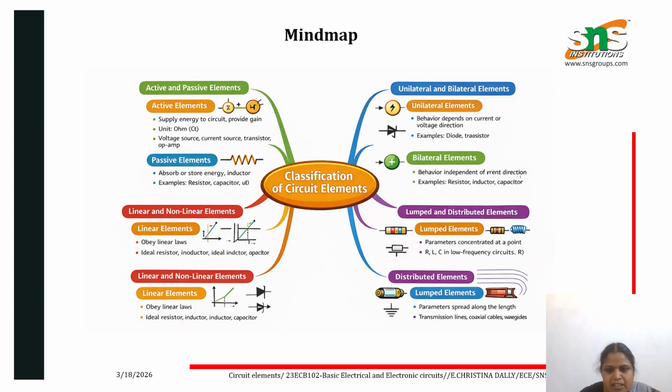Lumped elements have parameters concentrated at a point, but in distributed elements they spread along the length. Unilateral elements depend on the current or voltage direction. Bilateral elements do not depend on the current direction.